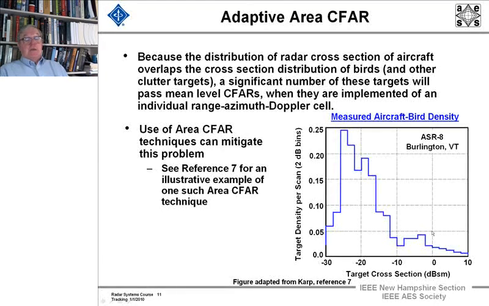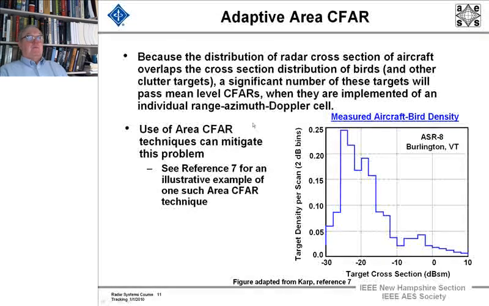Now, I haven't the foggiest idea what the cross-section broadside of any of the newer technology low observable aircraft is, but one would make a guess that it's down in this area. And so there are a lot of point targets that have to compete with it. So handling the bird false alarm problem is a major issue in any radar that's dealing with targets the size of a Piper Cherokee or smaller.